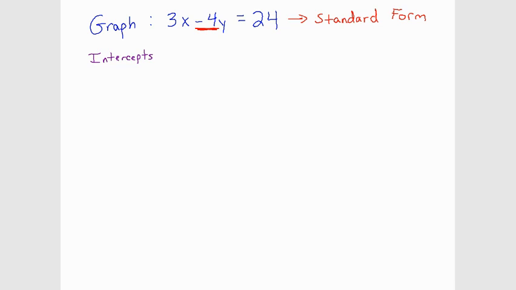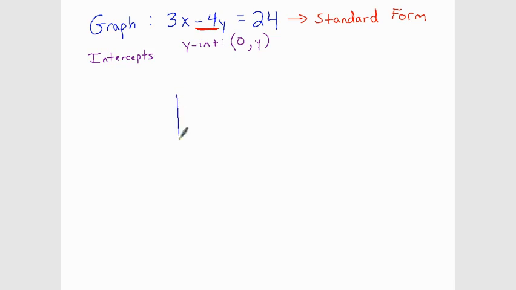What is the x value when we're dealing with a y-intercept? And the answer is it's 0. We don't know what that y value is yet, but we know the x value is 0. It's always going to be the case because that's when our graph is at the y-axis.